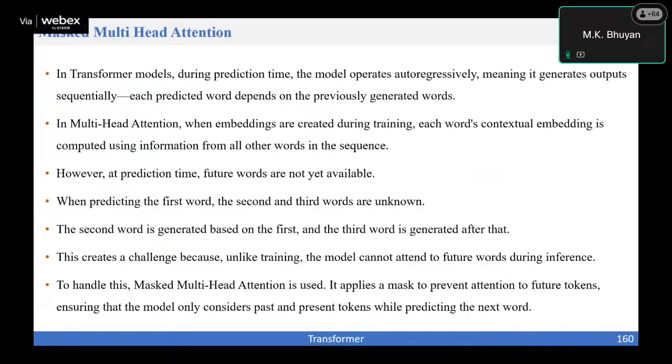So during the training, future words are available, but during the prediction, not available. For example, if I want to predict the first word, the second and third words are not available. If I want to predict the second word, the first word is available, but the third word is not available. So that is actually the causal system. It is an auto-regressive process.